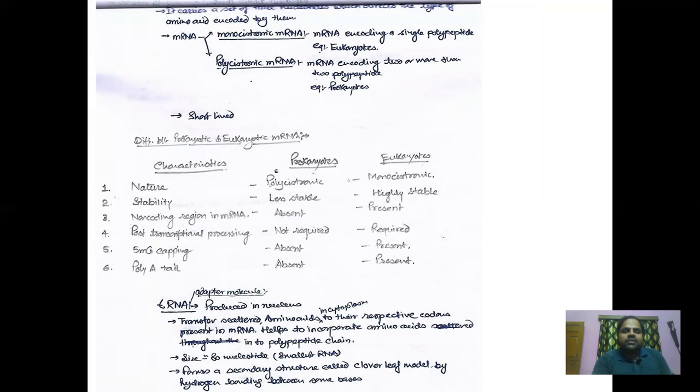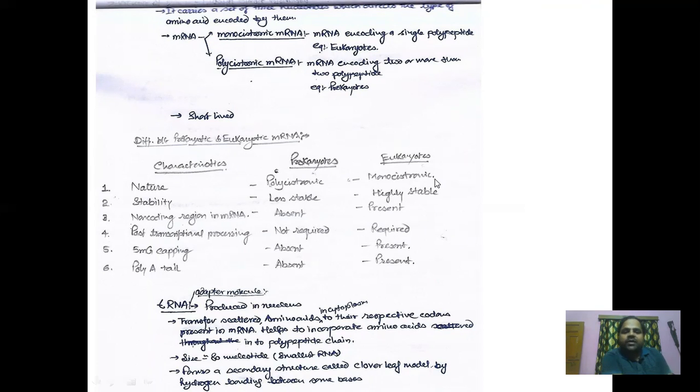mRNA. Some characteristics we will see here. In case of prokaryotes, the mRNA is polycistronic, but in case of eukaryotes, it is monocistronic.